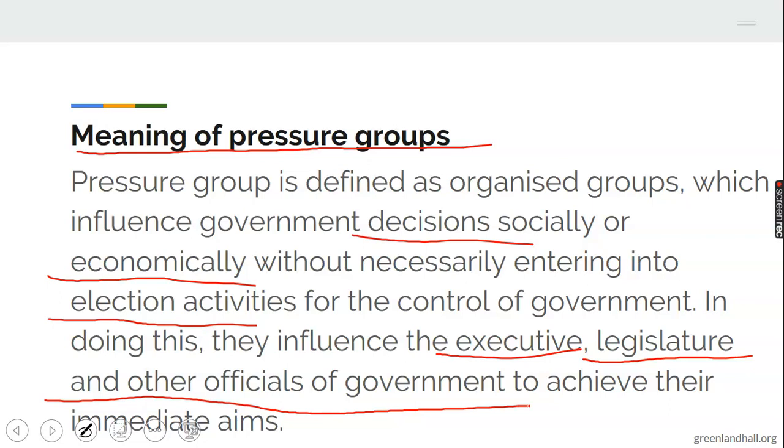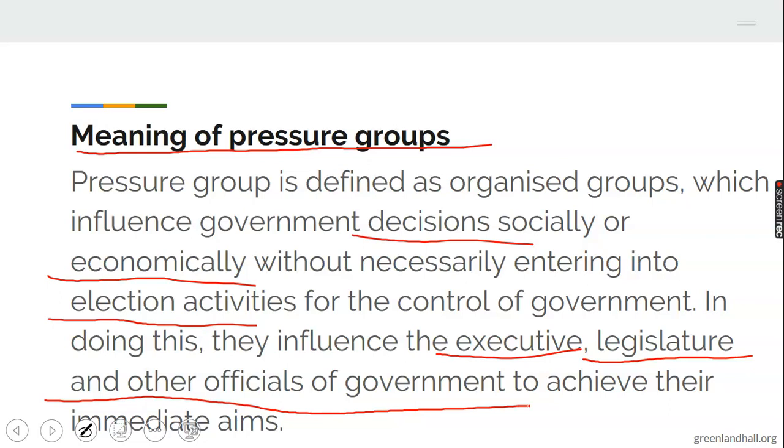If you look at this definition properly, it shows that the difference between the pressure group and the political party is that political parties aim at the control of government, while the pressure group influence government decisions socially or economically.